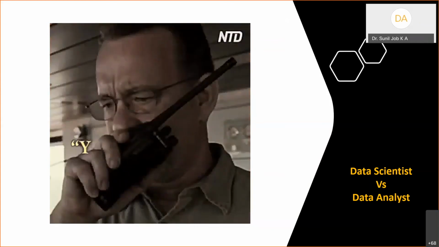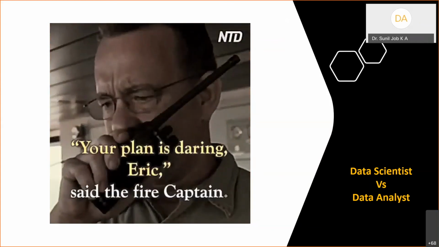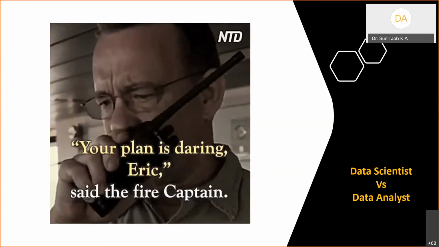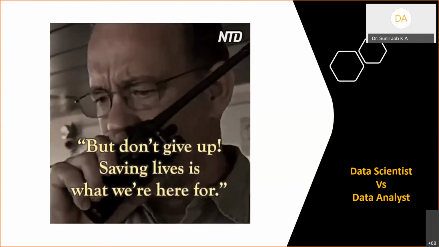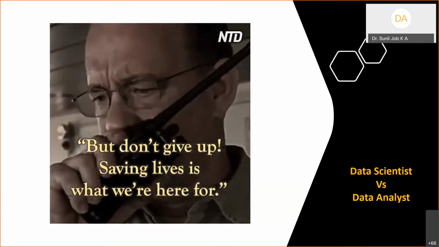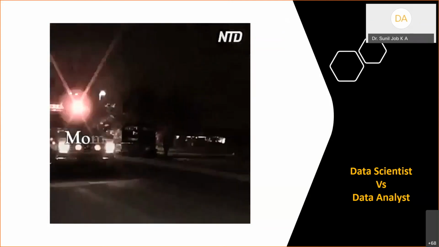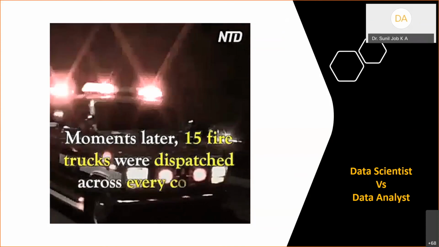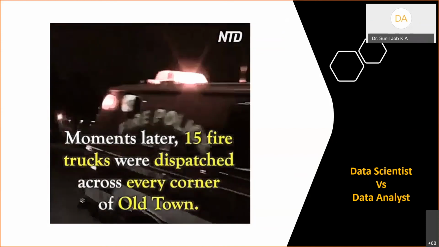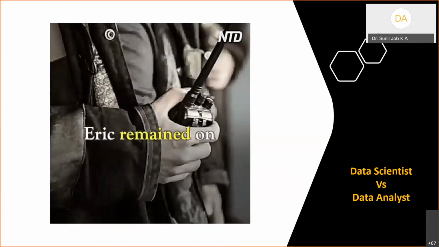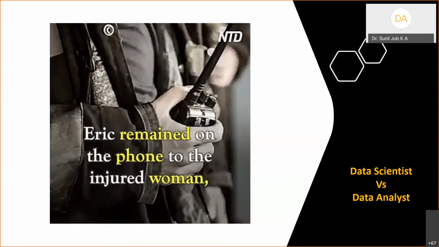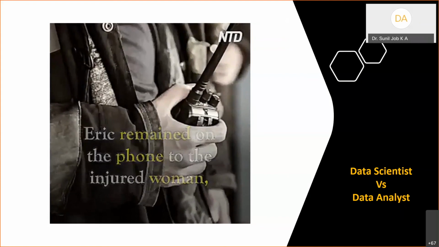So he discussed with his higher officers and asked to deploy fire trucks into all the streets. At the moment, 15 fire trucks were dispatched to different locations, and Eric remained on the phone with the injured woman.